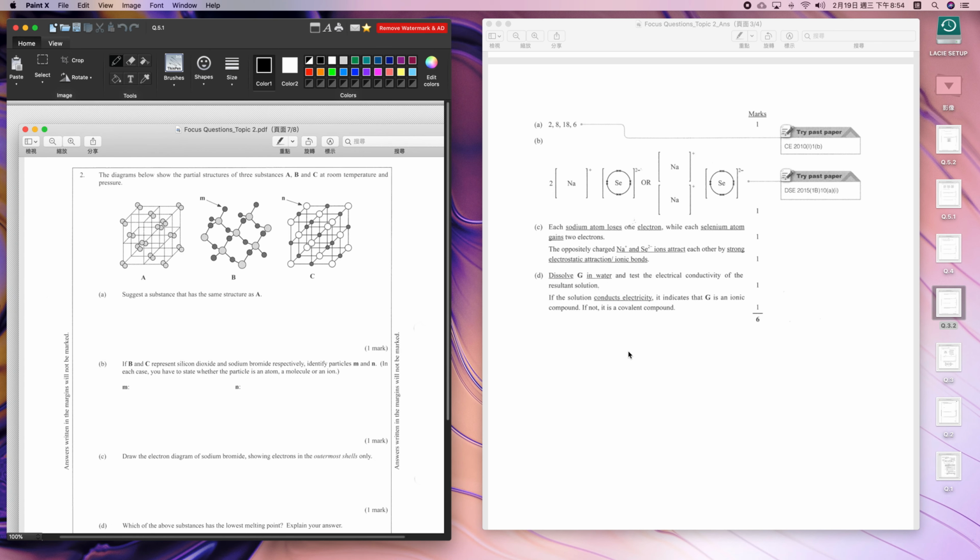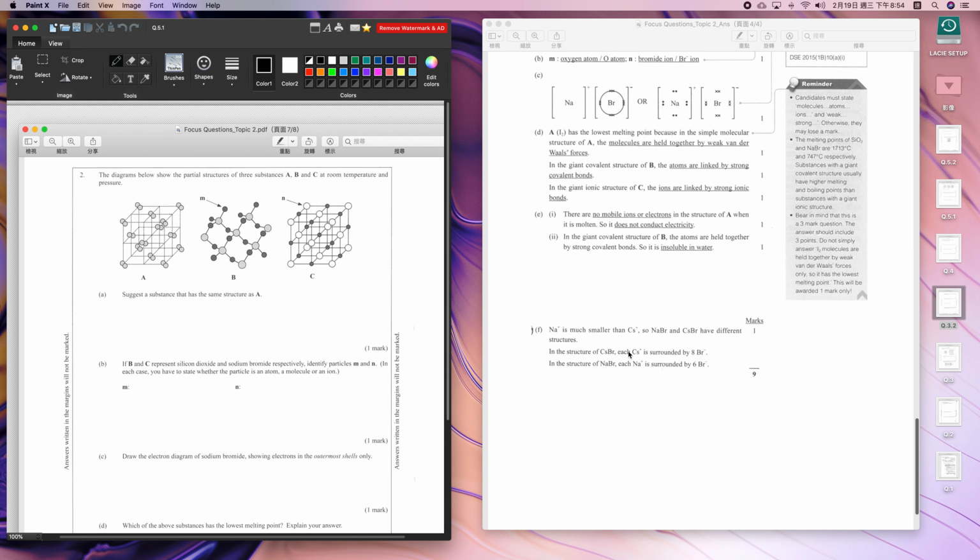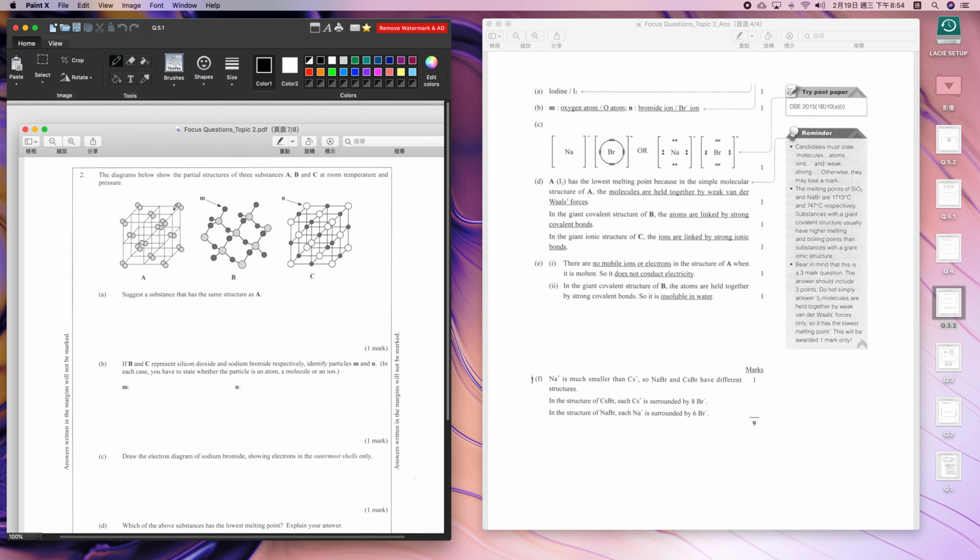The last question. In this question, it tests your recognition of the substances adopting these three structures. You can find this in your textbook, chapter 9. What you are reminded of is to use keywords carefully in answering the question.